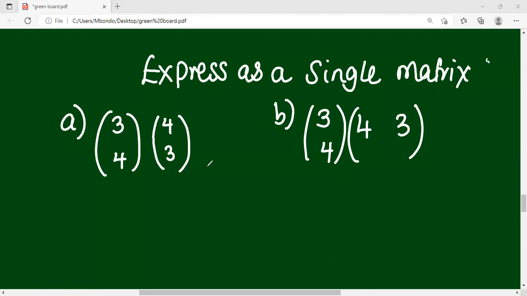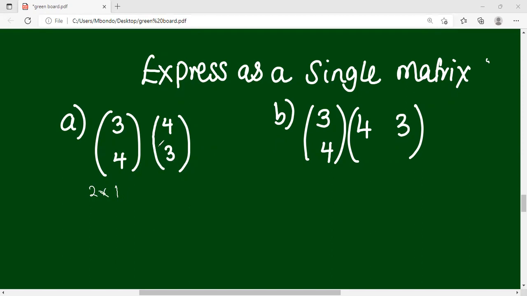Welcome, guys. We have two questions that we are supposed to express as single matrices. How can we do that? So the first thing that I want us to do is come up with the order of each of these four matrices. The first one is 2 by 1.